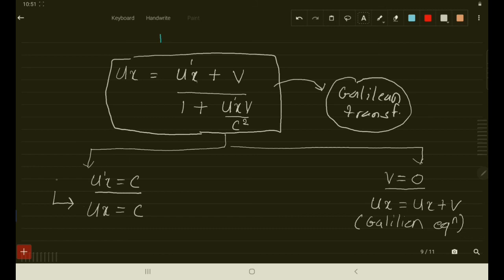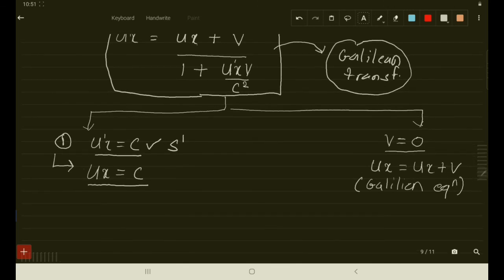Now let us see the first case, where we are saying that u dash x is equal to c. That means there is a light wave traveling in the s dash frame of reference, and what we wish to obtain is that ux should also be equal to c. So let us replace these values.